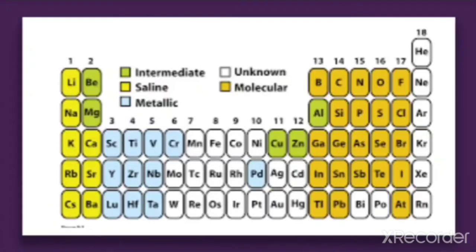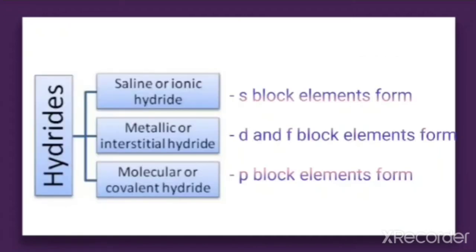So when we take the case of the periodic table and the different types of hydride we have learnt, that is saline hydride, molecular hydride and metallic hydride. Saline hydride is formed by hydrogen with the S block elements. Metallic hydride is formed by the combination of hydrogen with D or F block elements, and molecular hydride is formed when hydrogen is combined with a p block element.